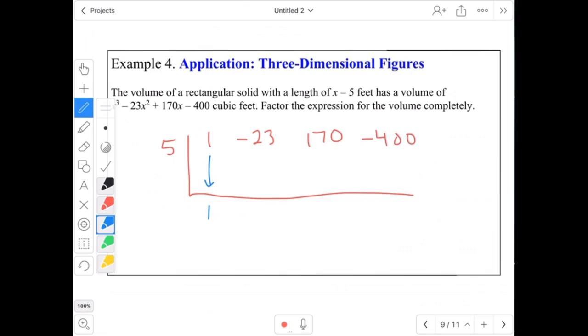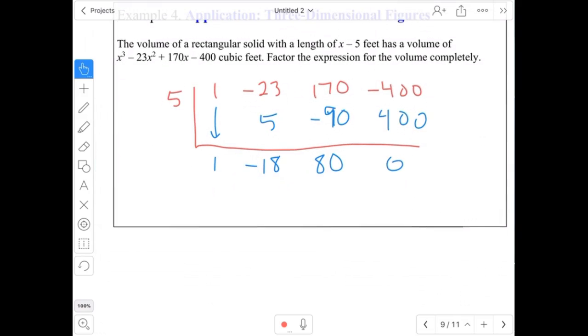Bring the 1 down, multiply by 5, we get a 5. We'll have a negative 18. This will be negative 90. And then we will have 80. 80 times 5 will be 400. So not too bad.